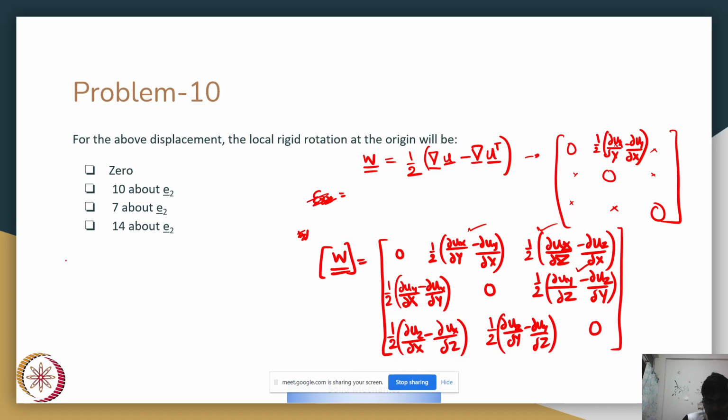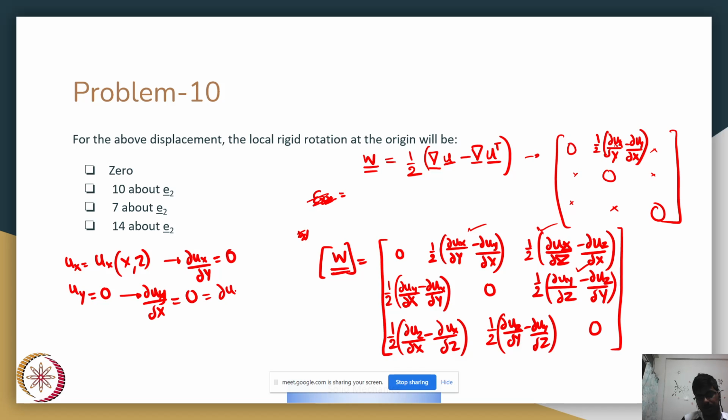Now we know that ux is only a function of x and z, so dou ux by dou y is 0. Similarly, uy is 0, so dou uy by dou x will be 0, right? So this overall term turns out to be 0.